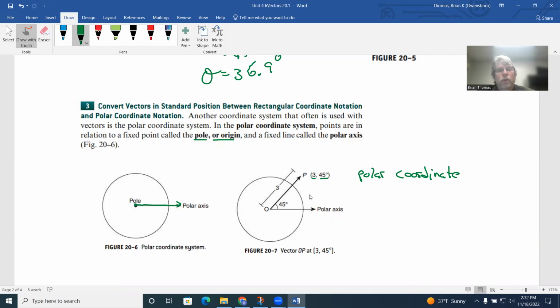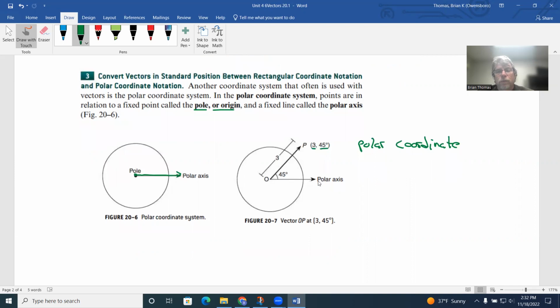So what we want to do is convert between these types of measurements. If we give you a rectangular coordinate system, we may want to convert to a polar coordinate system. If we give you a polar coordinate system, we may have to convert back to a rectangular coordinate system.